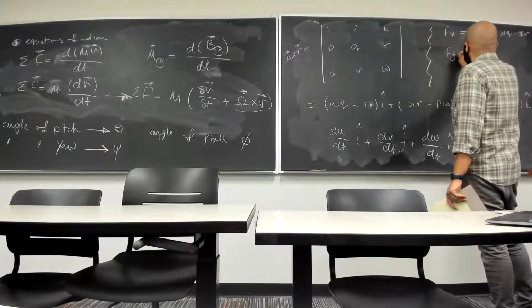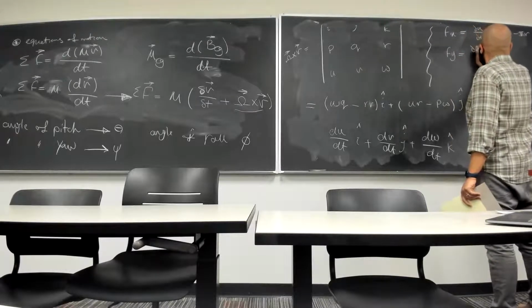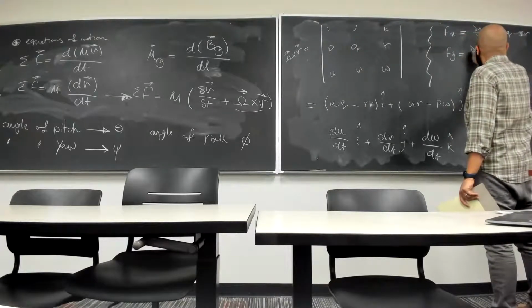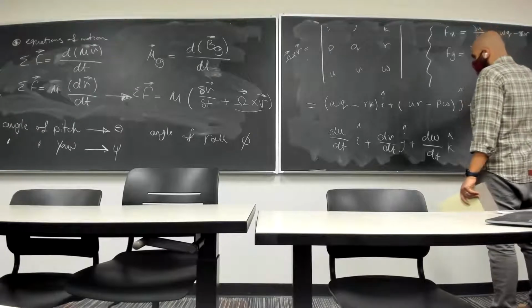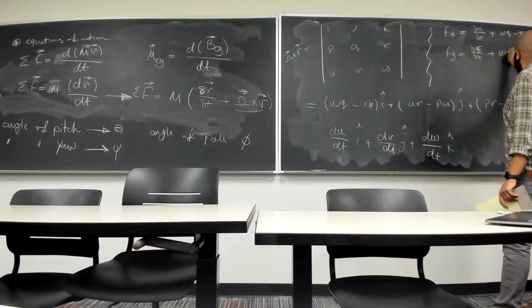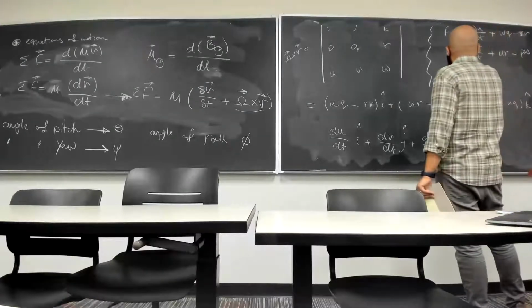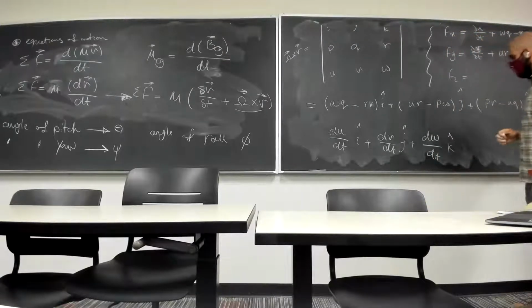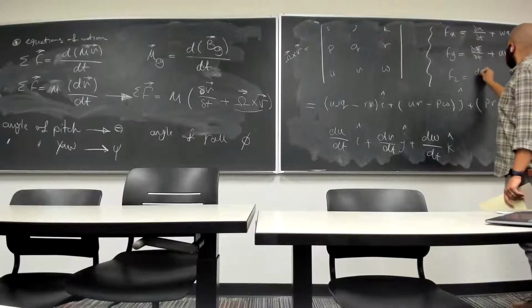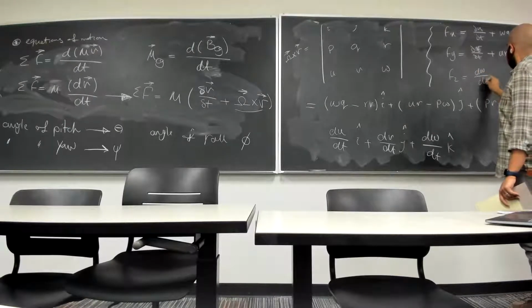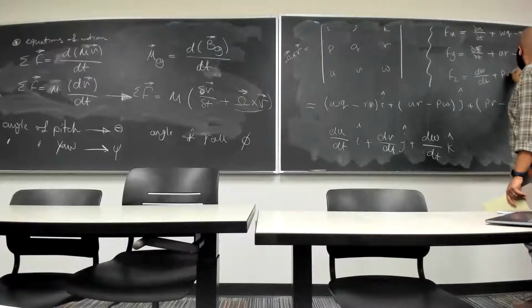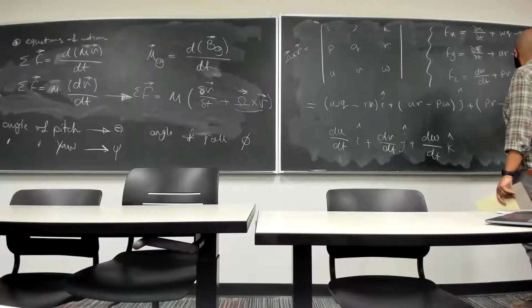F of y is going to be partial v partial t plus ur minus pw, and F of z is going to be equal to dw/dt plus pv minus uq.